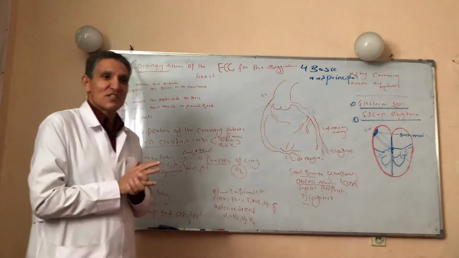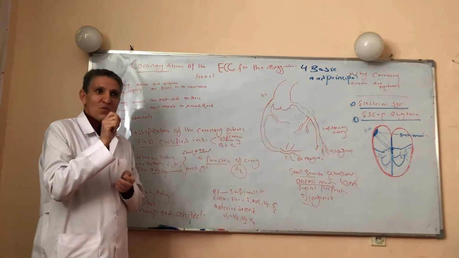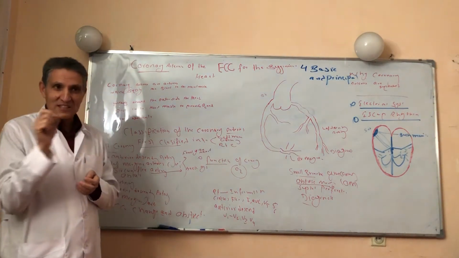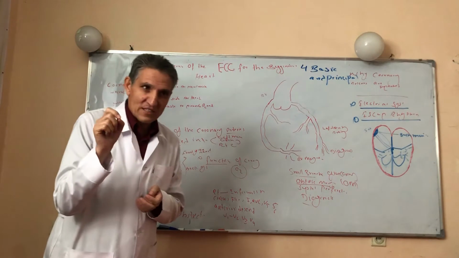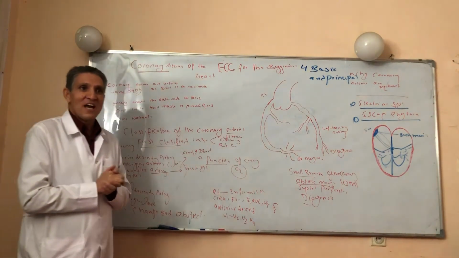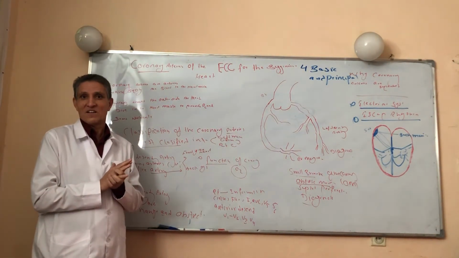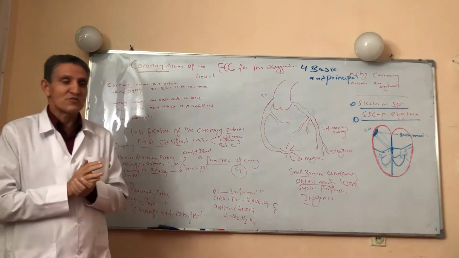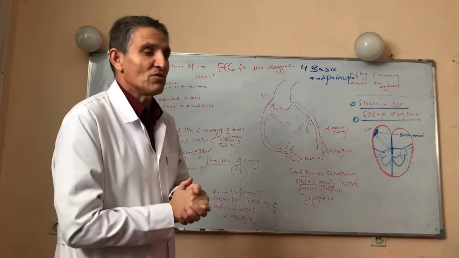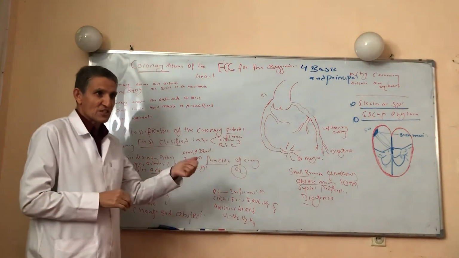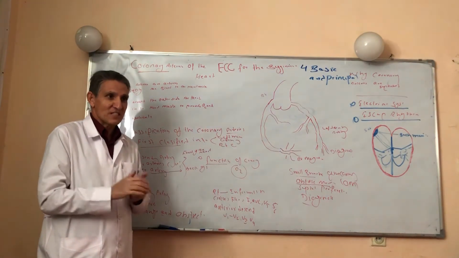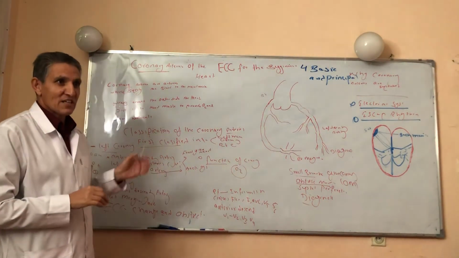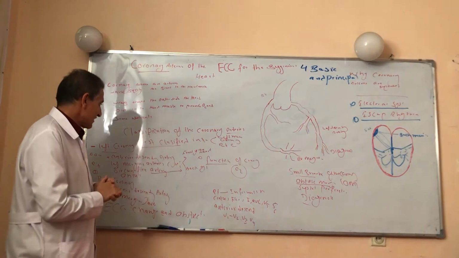Right coronary arteries are divided into two parts: the right coronary artery, and the posterior descending artery and marginals. Classification of these arteries is very important because when we want to correlate ECG change to coronary artery anatomical change, we should know about this category of the coronary arteries.